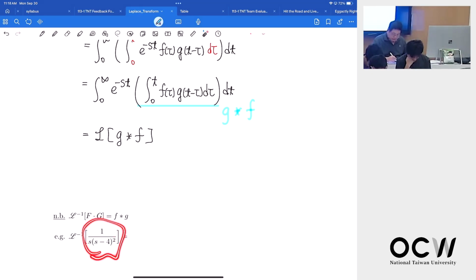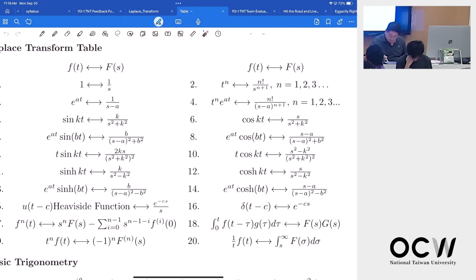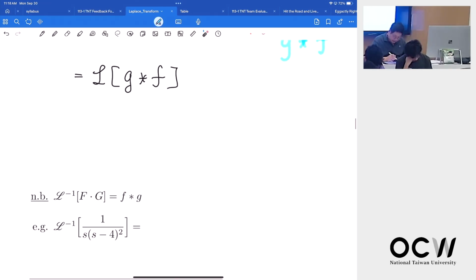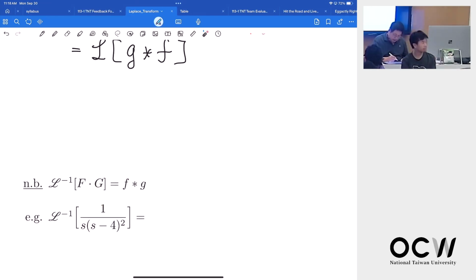If you check the table first, I cannot get this form, s times something perfect square. I don't have that, and I really don't want to use the definition to find the inverse Laplace transform. In this case, we can think this has two functions, one function times another function.